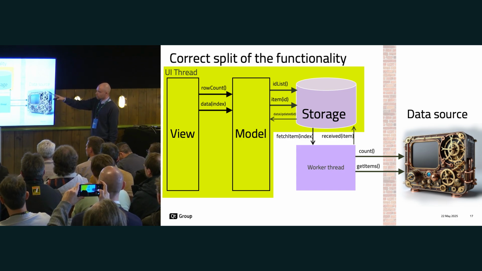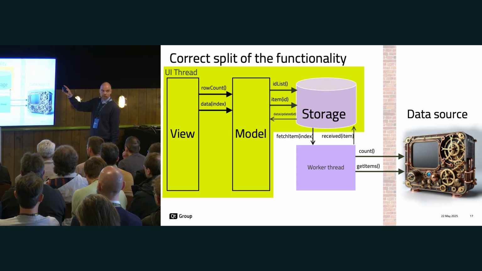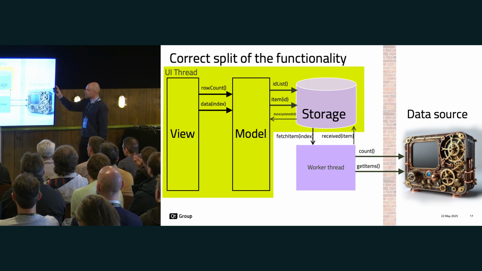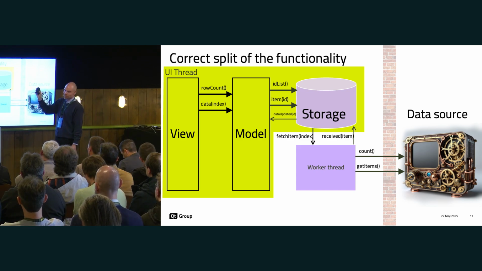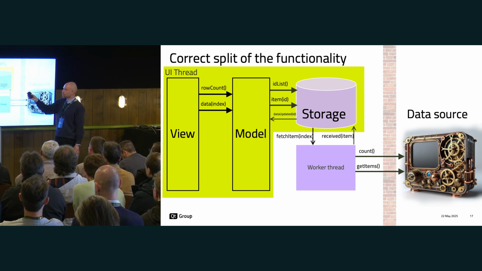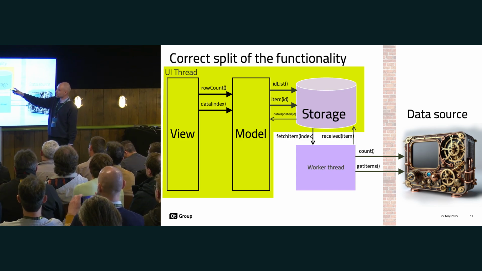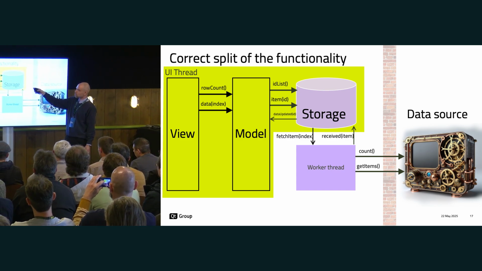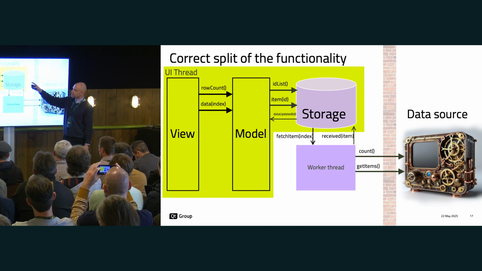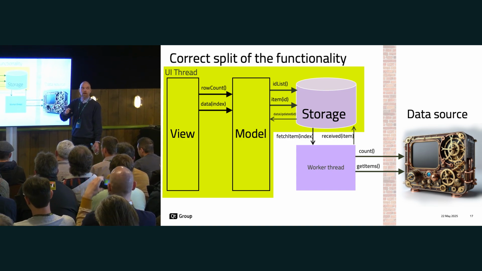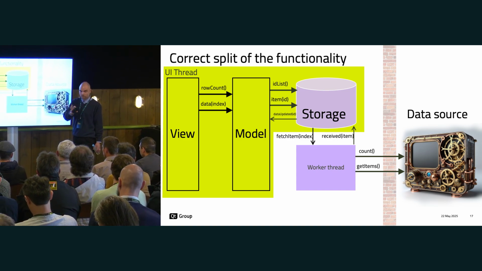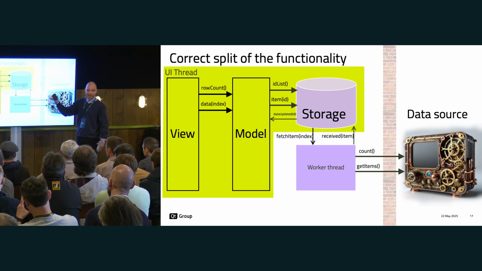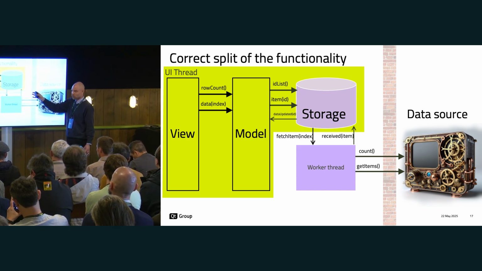The takeaway here is this. The yellow area is the UI thread. Data doesn't exist in a thread, so to say, but the handling of the data, adding new items or removing items, always happens in the UI thread. I will come to this later, why. At this point, I ask you to take it as given. Yes, this is how it goes.